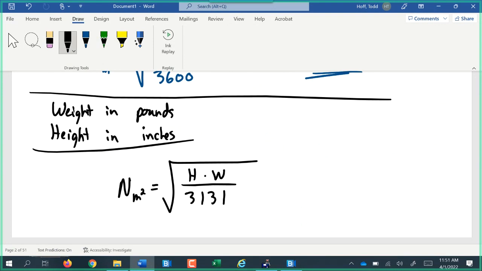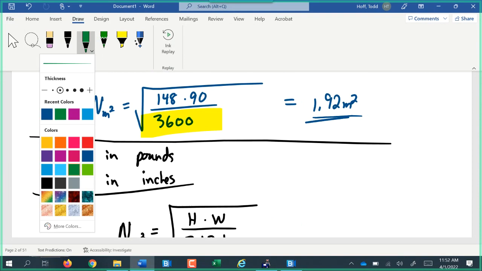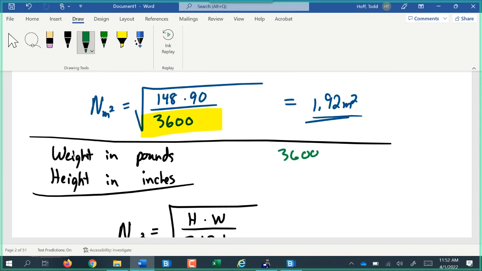That conversion's actually really kind of simple. All it is we're taking the 3,600 from our formula up here, and we're converting the units. If I start with 3,600, and I do my conversion for centimeters to inches, 2.54 centimeters is 1 inch.